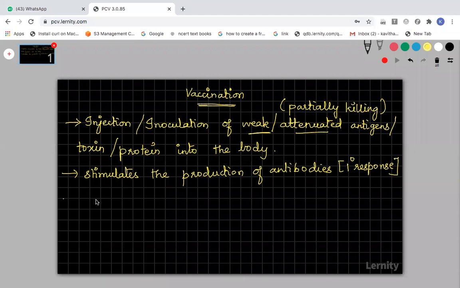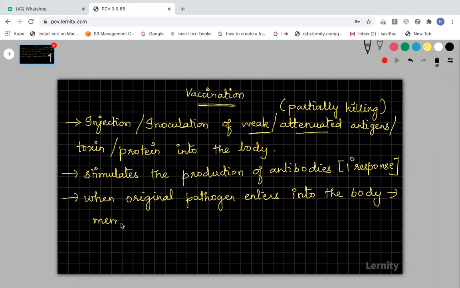And later, what happens when the original pathogen, antigen or toxin enters into the body? This time the immune system will be so alert, because your memory cells would have strongly memorized the pathogen when it first entered the body in the form of the vaccine. So now your memory cells will be strong enough to alert your immune system, and this time they will produce the secondary response, which is a high intensity response.